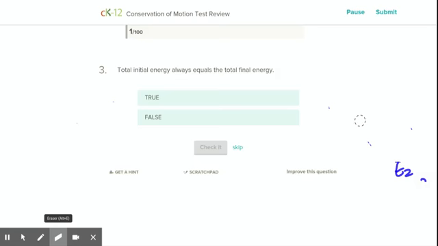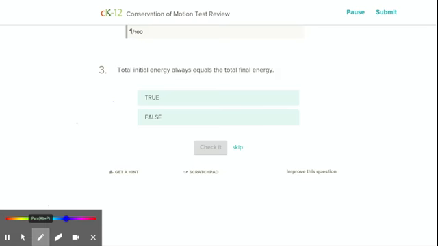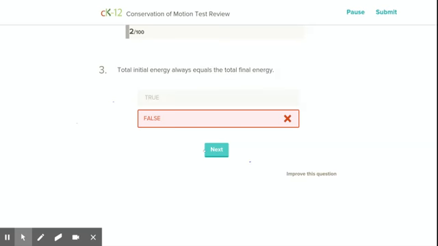Yeah, it's false, because energy can be lost as heat. Just like the earlier question, you see energy can be lost, right? But momentum is always the same. So let's see, false. Check it. It's true. I guess that.